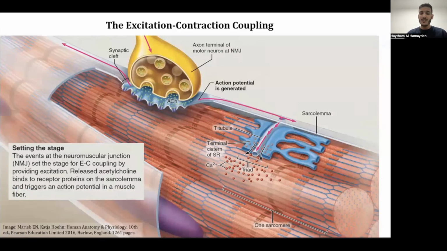The triad is made up of a T-tubule in the middle and a terminal cistern of the sarcoplasmic reticulum. The action potential reaches the sarcoplasmic reticulum and causes it to release calcium ions.